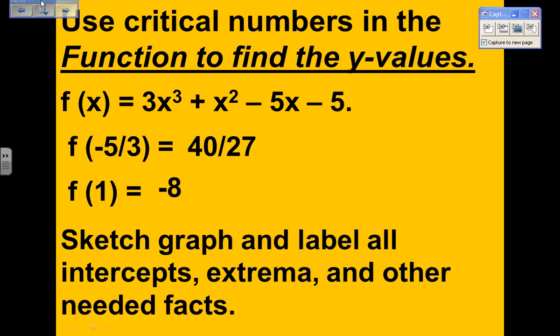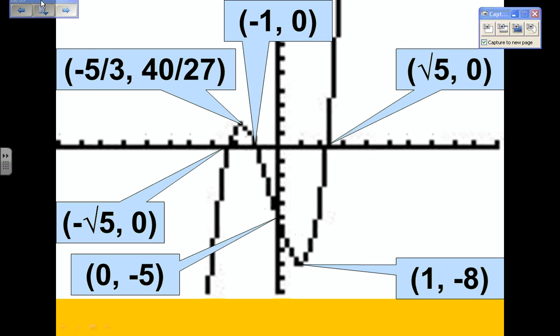And now when you make your sketch, you know it's going to be a cubic. You know it's going to be positive, so it's going to look like that. You know it's going to have a y-intercept of negative 5. And there's the intercepts. You learn that in pre-calc. Here's the minimum. There's the maximum. Both locals, don't forget they aren't absolutes.